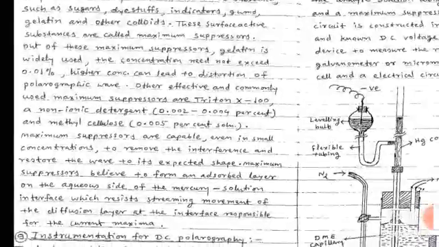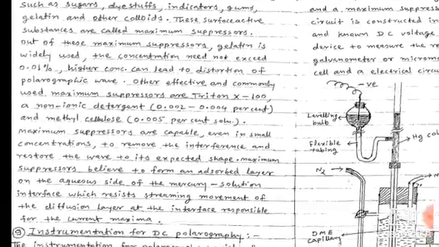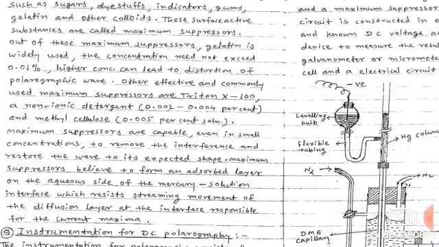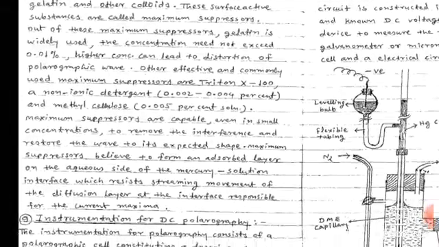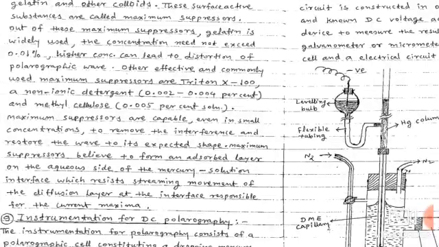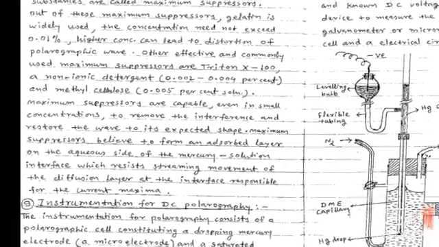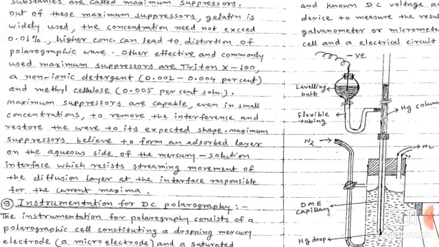The concentration need not exceed 0.01%. Higher concentration can lead to distortion of the polarographic wave. Other effective and commercially used maximum suppressors are the Triton X-100 non-ionic detergent, at 0.002 to 0.004%.